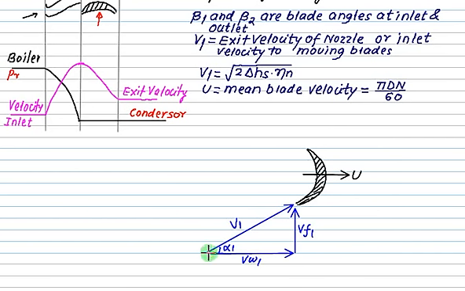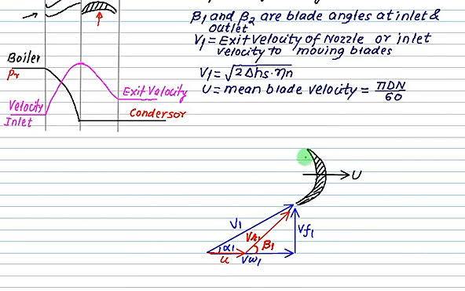From the start you construct one more arrow which represents the velocity U. The vector difference of the velocities V1 and U is called the relative velocity at inlet. So this is the relative velocity at inlet and the angle here is beta 1, that is the blade inlet angle.